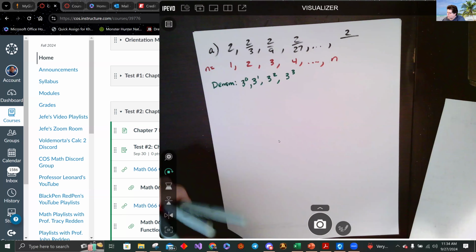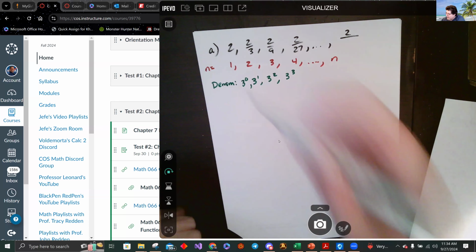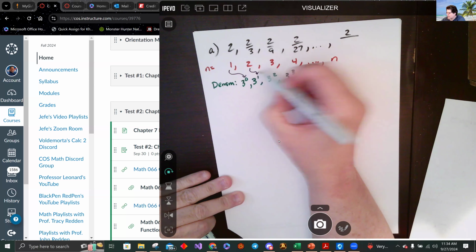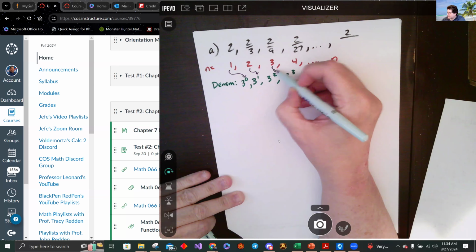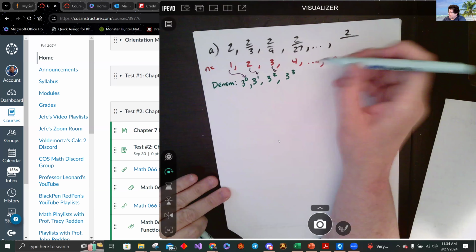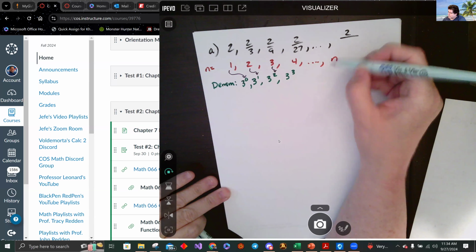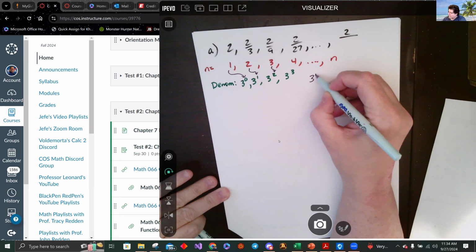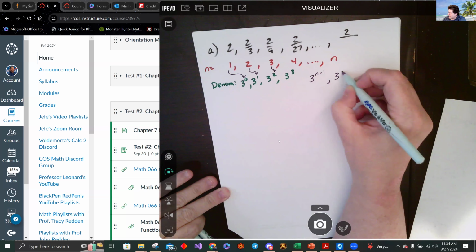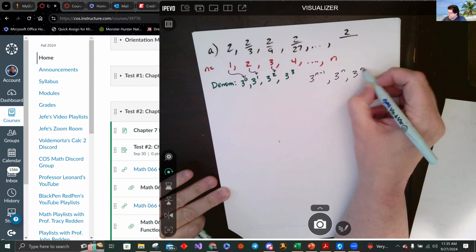And so once we've got a little sequence going on, now we can start lining stuff up and going, okay, n is 1 and this is 0, n is 2 and this is 1, n is 3 and this is 2. So it's going to be some power of n. If you're not sure which one, try out a couple and see which one works for you.